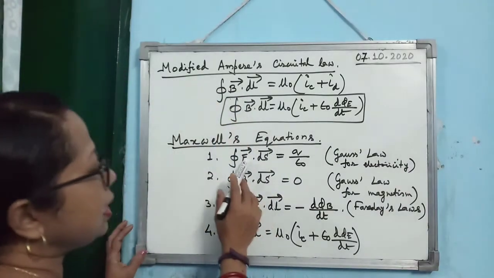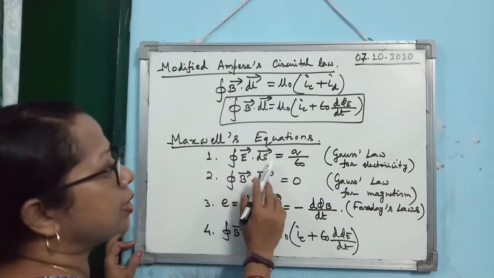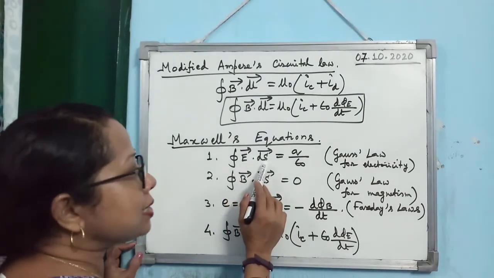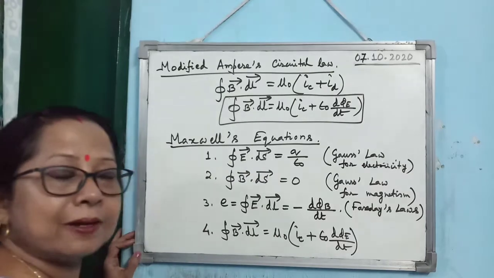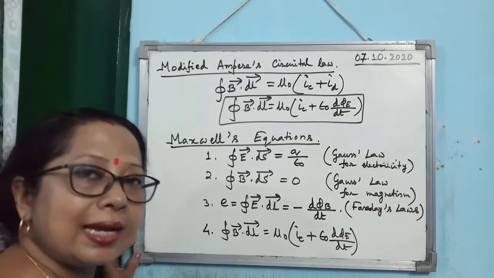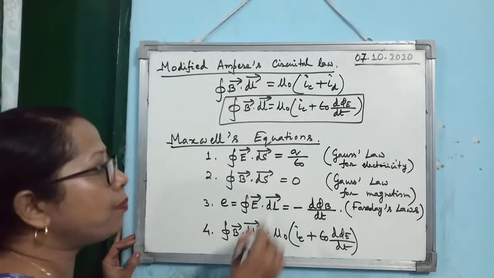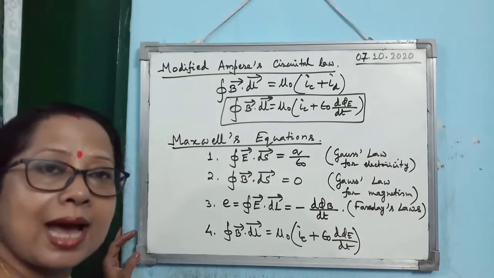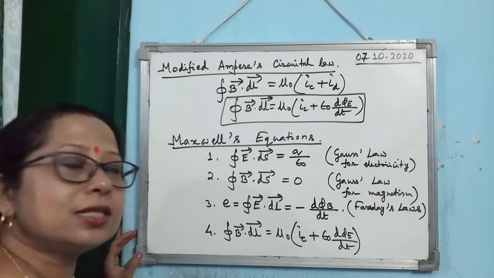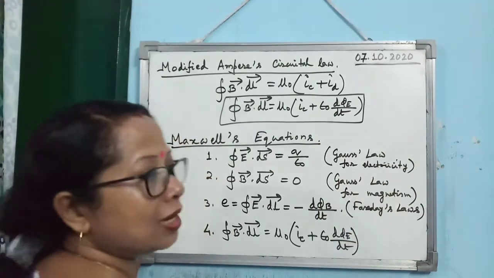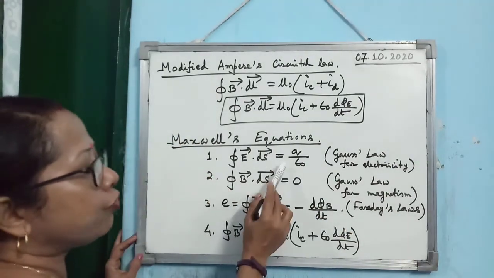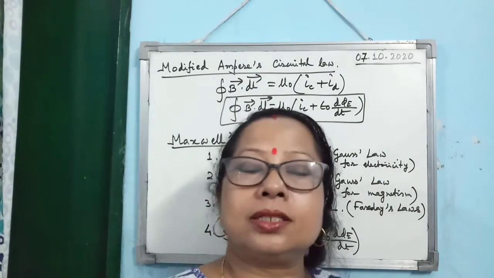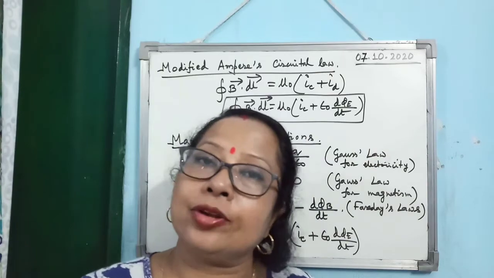It states that the electric flux through an enclosed surface is 1 upon epsilon naught times the charge enclosed by the surface. That is nothing but Gauss's law in electricity. So Maxwell's first equation represents Gauss's law in electricity.